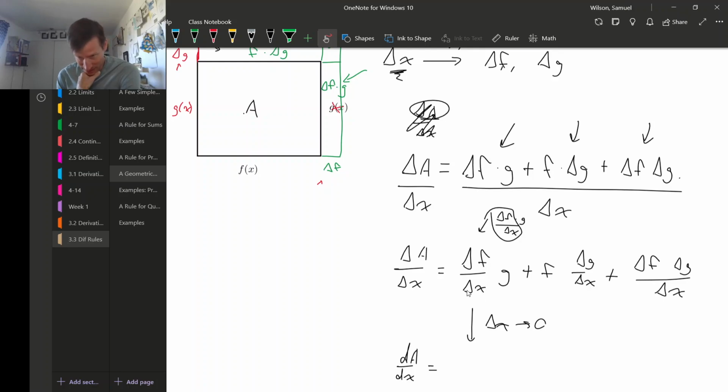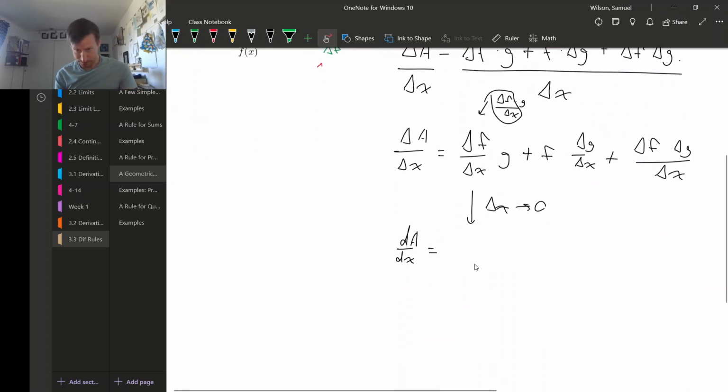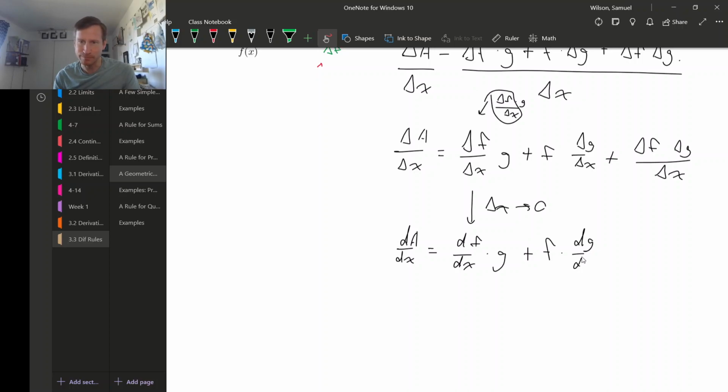So delta f over delta x is going to be df/dx times g, plus f times delta g over delta x, which should be dg/dx. And then this piece with delta f times delta g, it's not so clear what's going to happen to this piece.